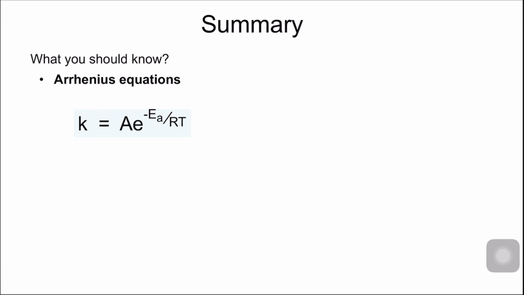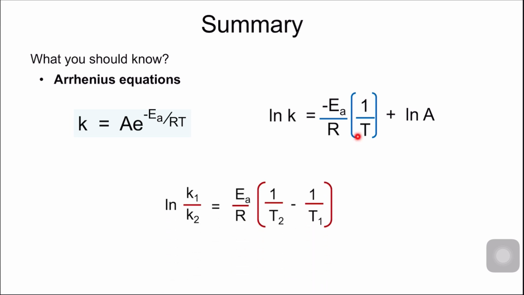But from here, we can derive into 2 different equations, this one and this one. This is for one specific temperature, and this is for 2 different temperatures. So make sure you read the questions carefully, and I hope you are going to be okay with the questions.